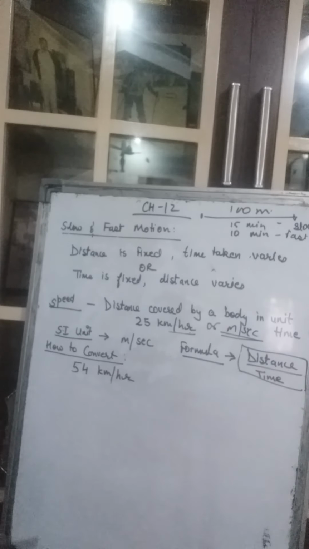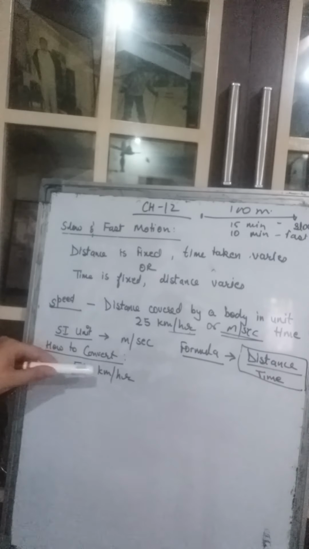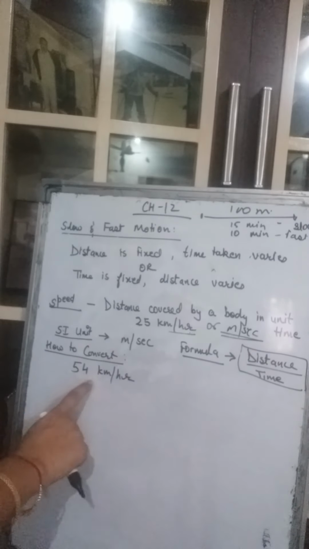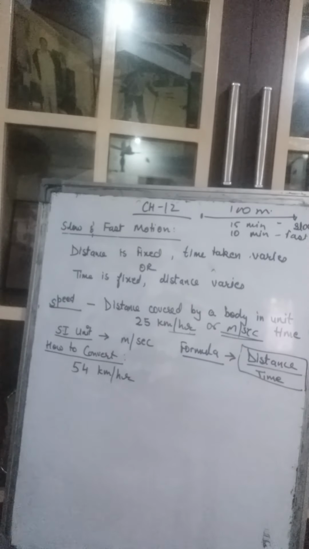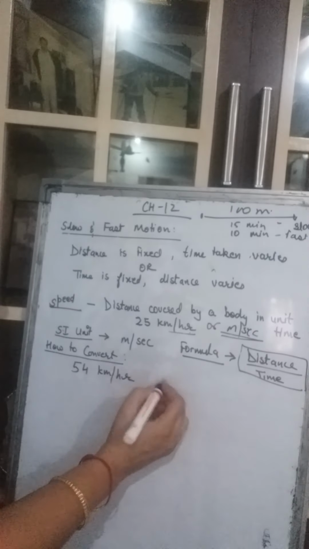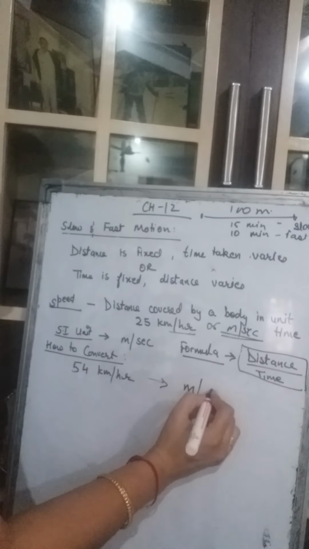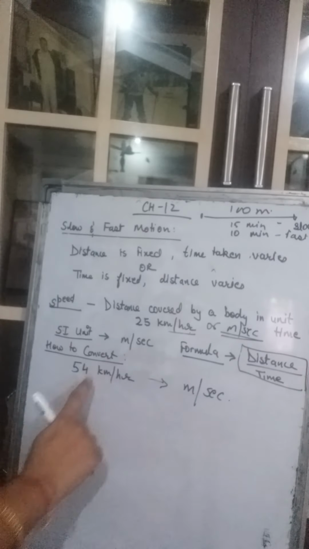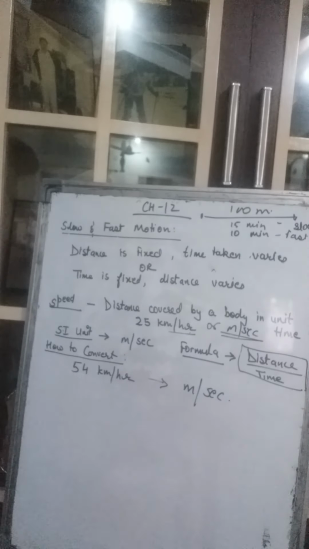Now we come to how to convert this particular speed. This is given in kilometer per hour, and we have to convert it into meter per second. For example, how to do that? This is kilometer per hour and we have to change it into meter per second. Now, in 1 kilometer, how many meters are there? 1000, isn't it?